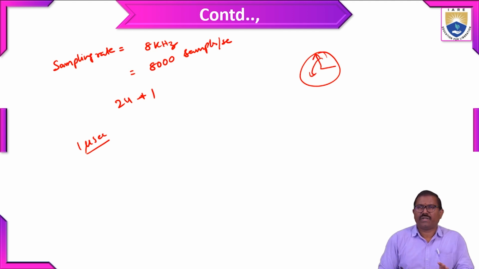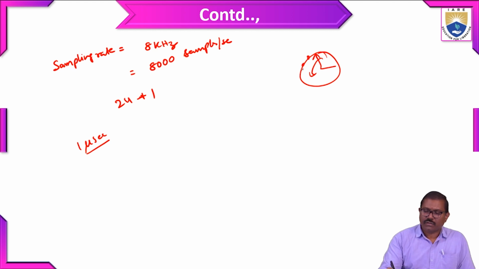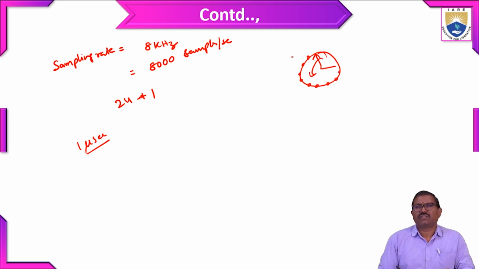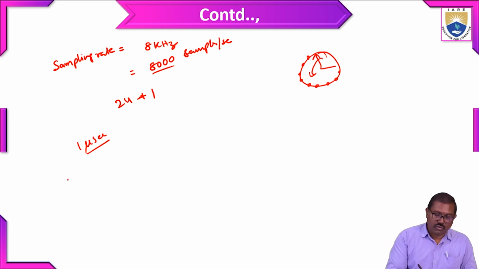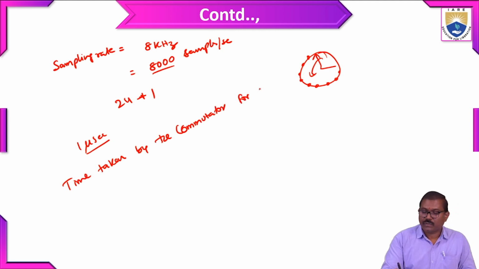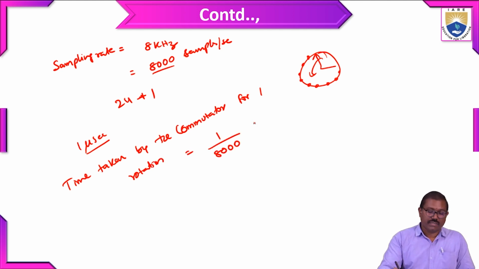At what rate is this commutator moving? This is taken from the samples. So the time taken by the commutator for one rotation is equal to 1 by 8,000, which gives 125 microsecond.